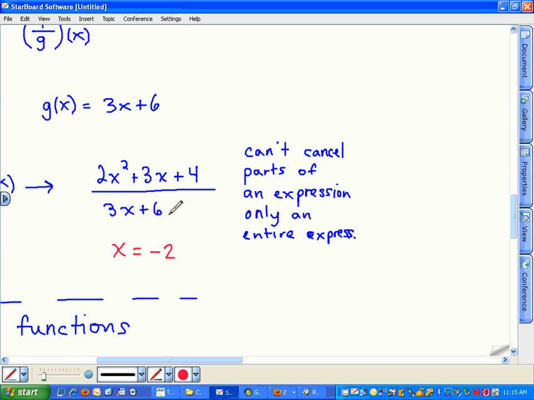Is it okay to have 0 in the denominator? No, so you have to include this as part of your answer. x cannot equal -2. Why is it so important that you include this? What happens if x does equal -2? Then it's called undefined because you can't divide by 0, right? I know this seems kind of trivial, but it's pretty important.